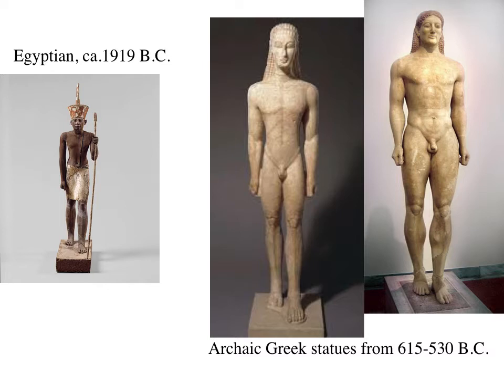These sculptures are called kouros in the Greek tradition, and it just means young male, and they were often made for funerary purposes, but they allow us to clearly see the progression through time, the way the portrayal of the human body changed over time.